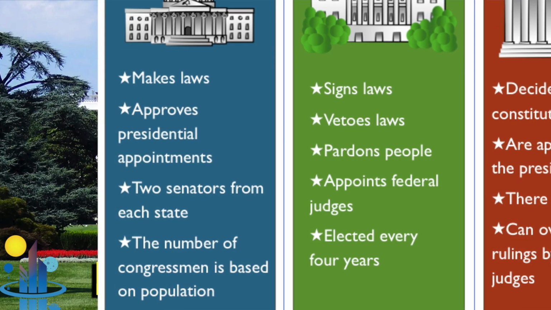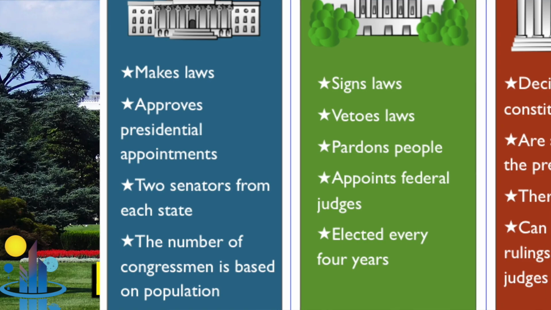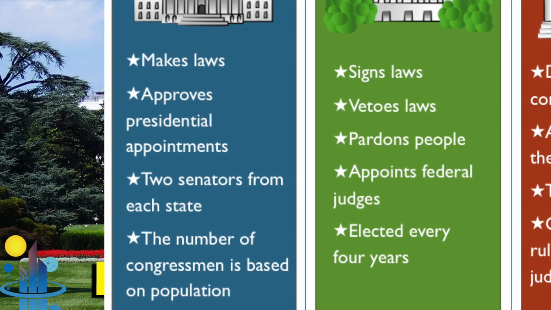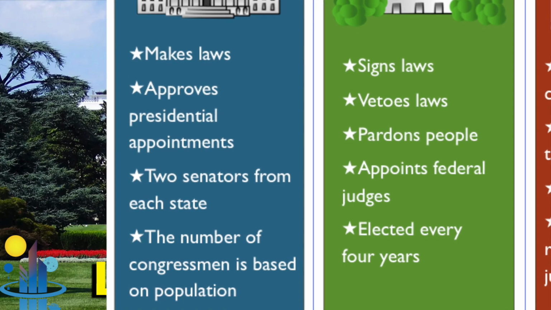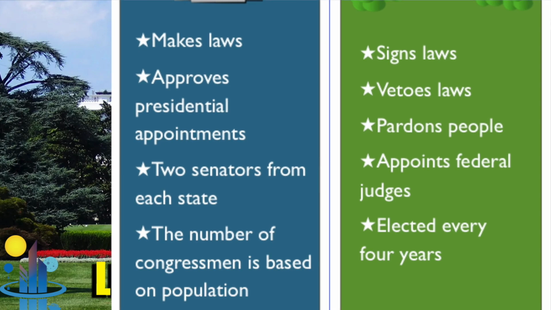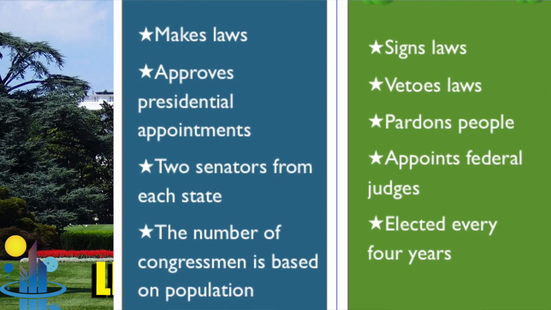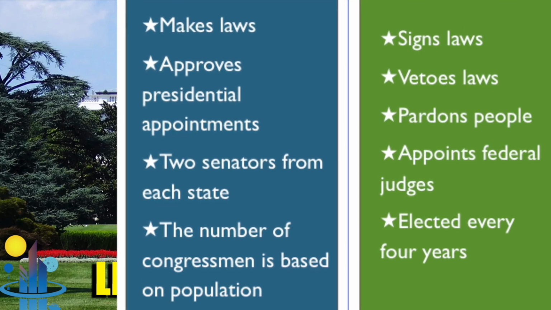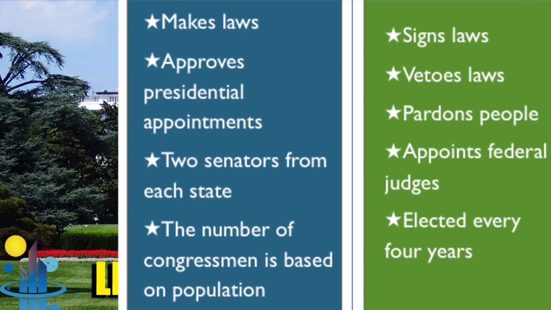They draft and propose laws, confirm or reject presidential nominations for the head of federal agencies, federal judges, and Supreme Court. And they have the authority to declare war. Also, the House of Representatives and the Senate reside at the Capitol in Washington, D.C.